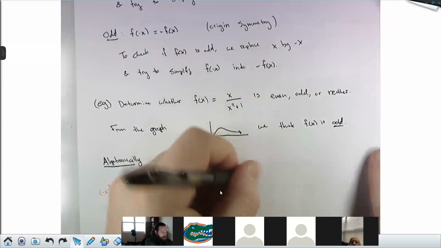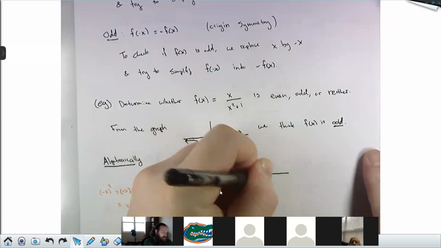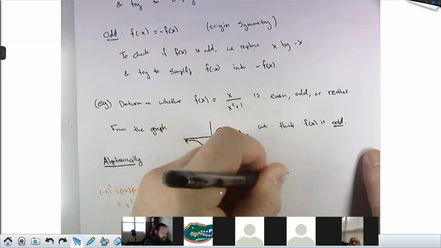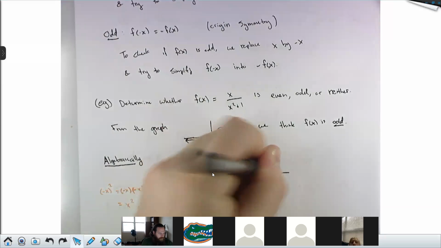So downstairs here, I have x squared plus 1. And then upstairs here, this negative x in parentheses, there isn't any number multiplying this. There isn't any power here that I have to be careful with. That's just negative x.